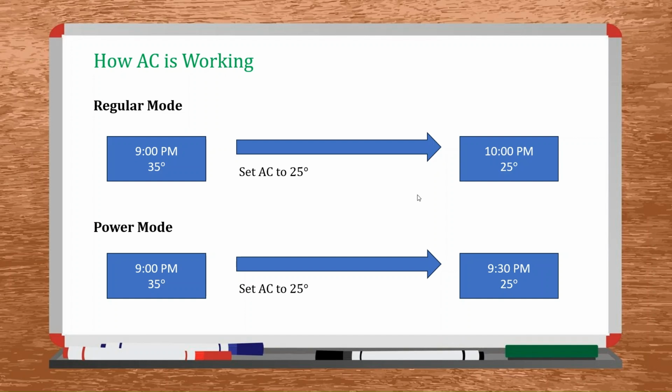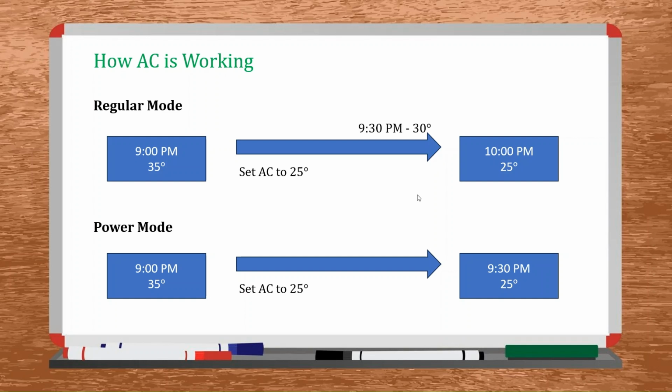That means the temperature will reduce from 35 to the set temperature of 25 at 10 p.m. within an hour. Also, this rate of fall is constant. That means if the temperature is falling by 10 degrees in 1 hour, it will fall by 5 degrees in half an hour. That means at 9:30 the temperature would be 30 degrees in this case.